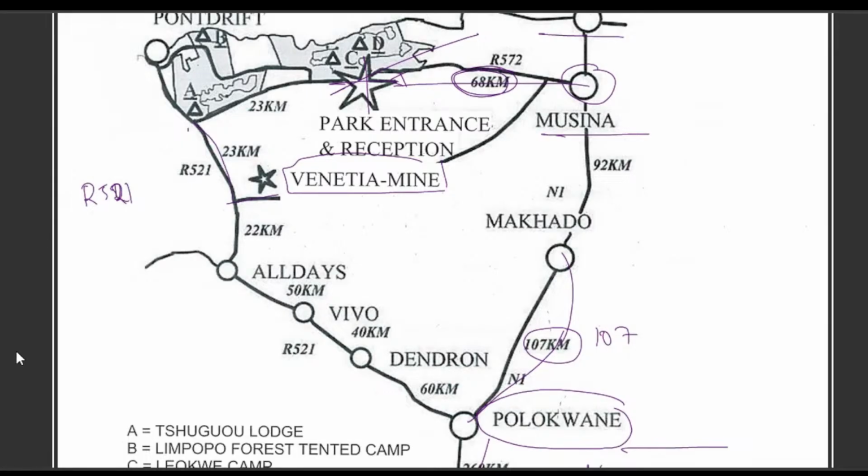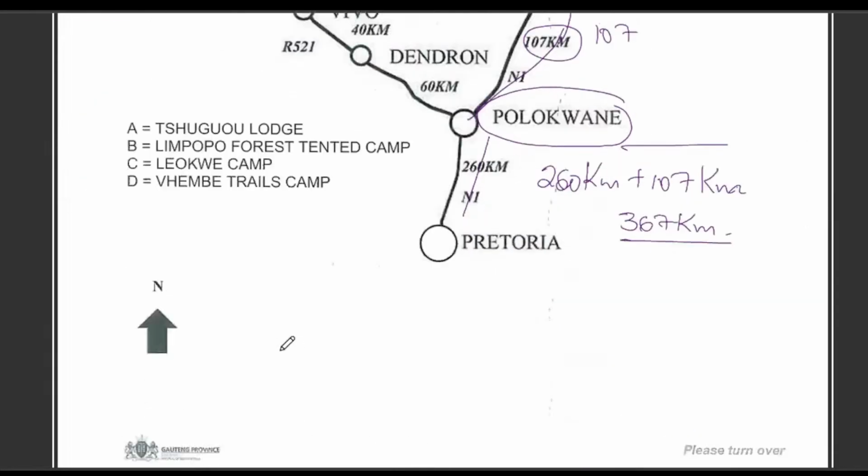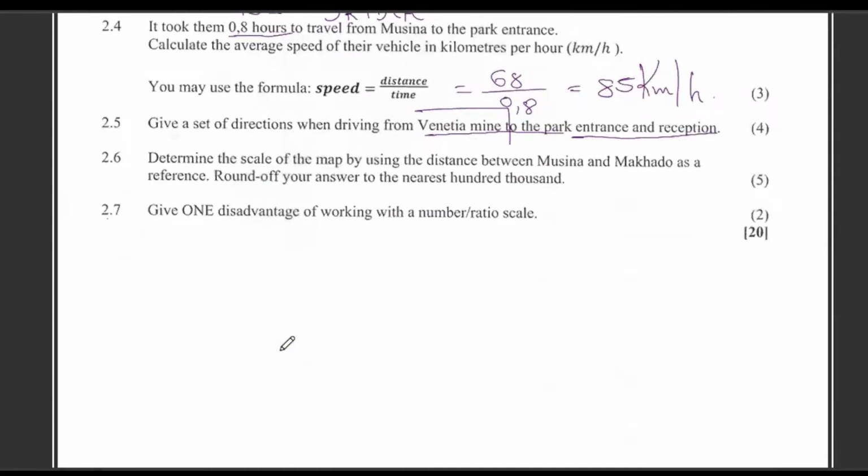Travel 23 kilometers on R521, then turn right onto R72, drive for 25 kilometers, and the destination will be on your left. Okay, so they are telling us here you're supposed to give directions, and mention what to do on that road.